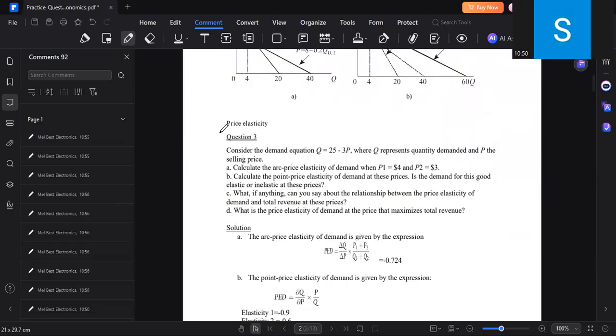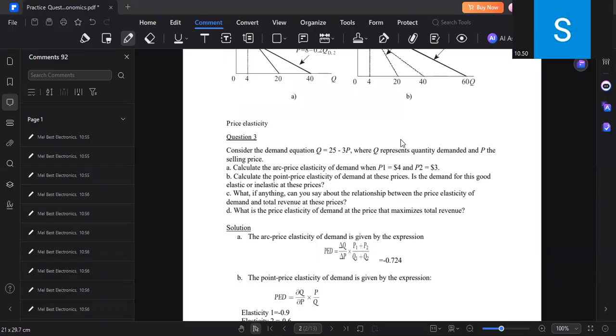So question number 3, consider the demand function Q is equal to 25 minus 3p, where Q represents the quantity demanded and P represents the price. Calculate the elasticity when price is equal to 4 and when price is equal to 3. So one thing we must understand is that price elasticity of demand measures the responsiveness of demand due to changes in prices.